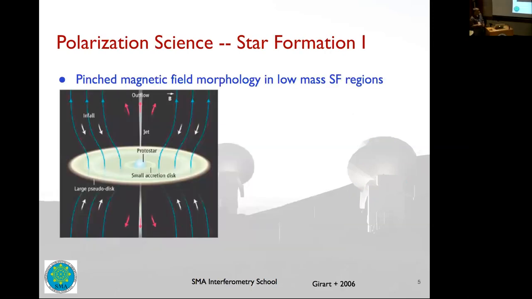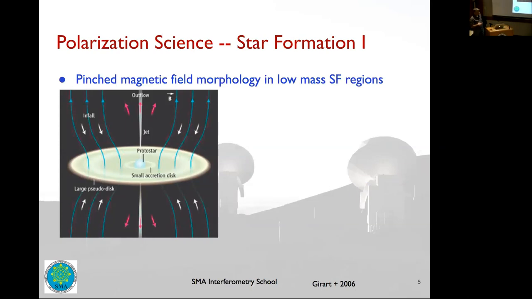Okay, this is a simple cartoon model of star formation. You start with a cloud of gas and dust, and this cloud starts to collapse. It turns out that magnetic fields can provide support against cloud collapse across the field lines. But along the field lines, the matter will collapse and form a disc-like structure.